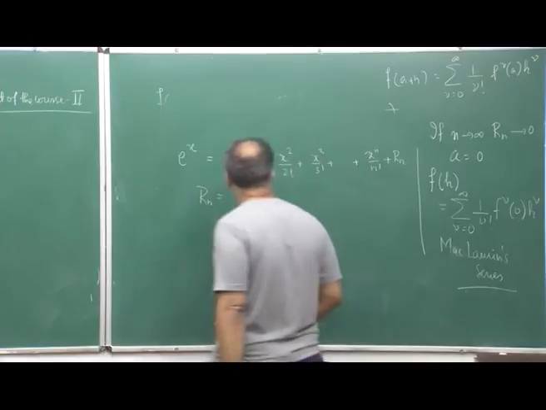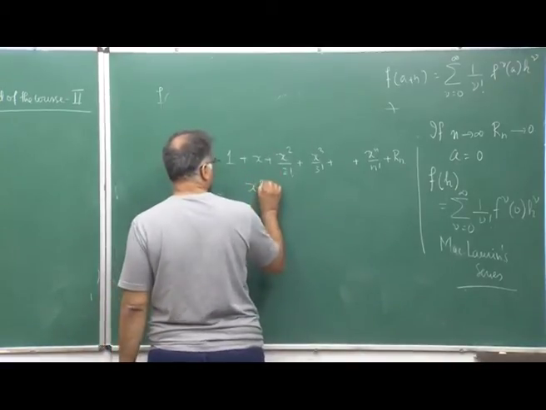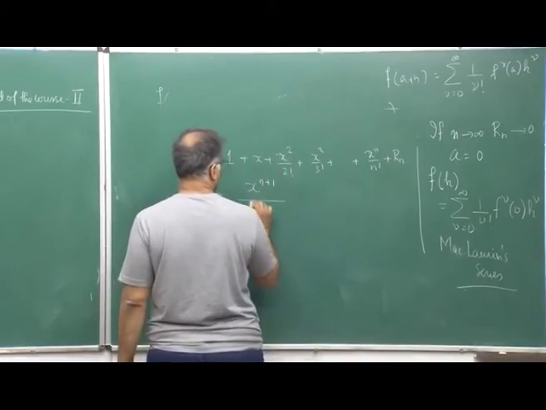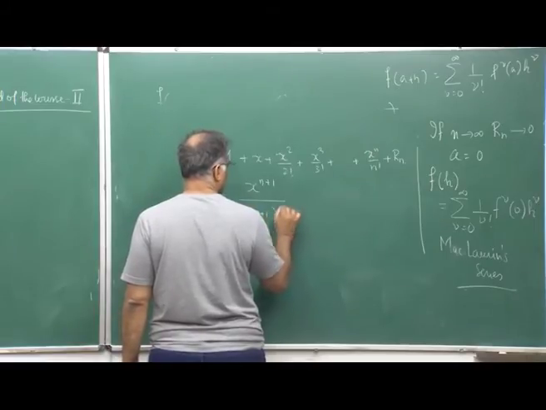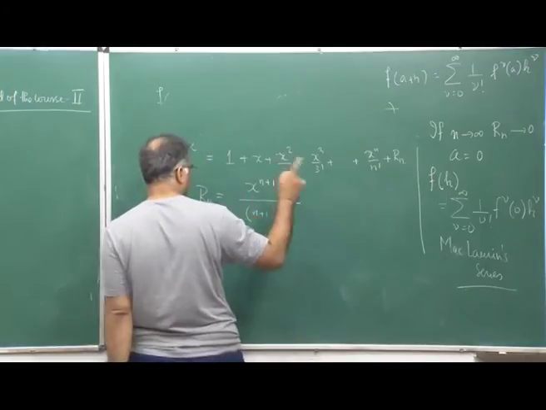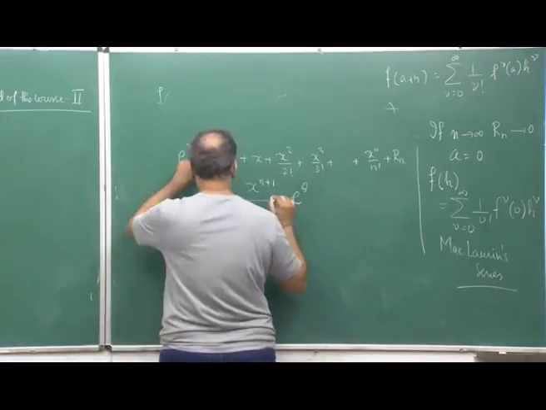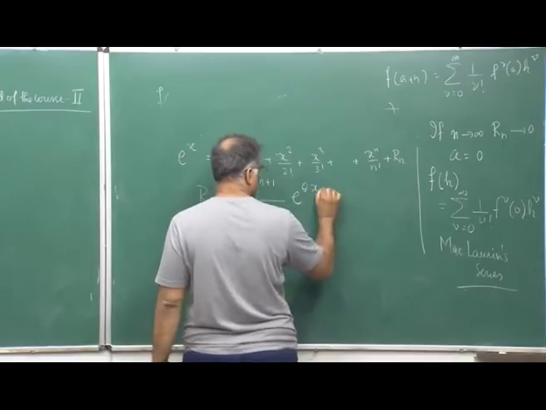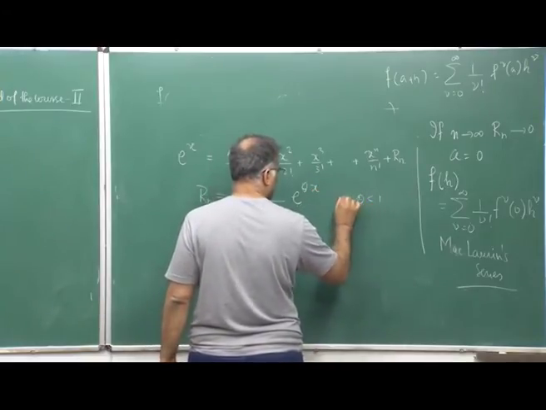Let us see what R_n is. R_n is x to the power n plus 1 by n plus 1 factorial times e to the power, a is 0, so 0 plus theta h, where h is actually x, so theta x, where theta is between 0 and 1.